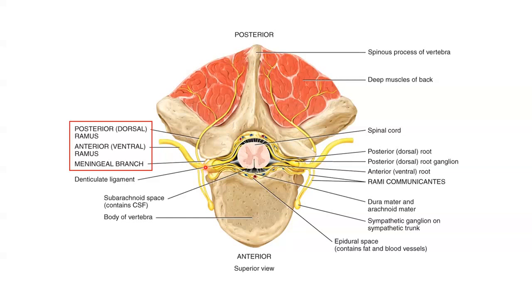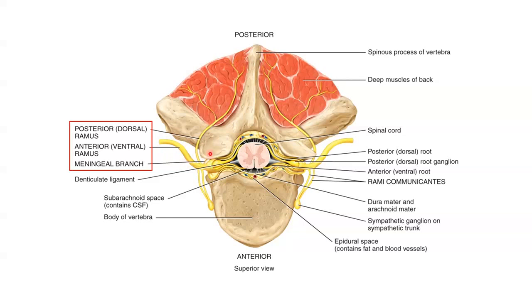So we have our posterior branch here, which goes off to serve the deep muscles, the muscles closer to the middle of the body, and also the posterior or the back surface of our trunk. We have this anterior branch here, which serves our upper and our lower limbs, and then also the skin on the side and the front of our trunk.